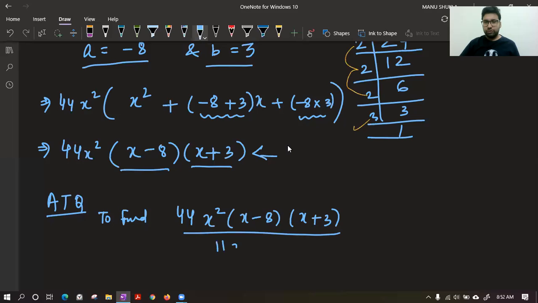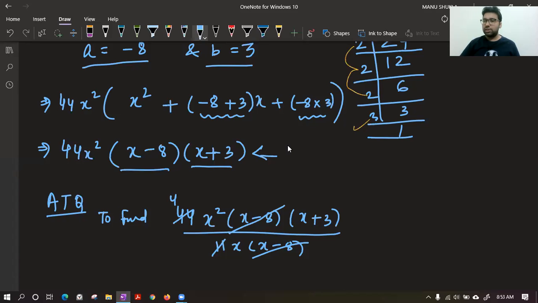And now you will observe how easy it is to solve this. You will see this x minus 8 and x minus 8 are exactly same, so we can cut them. I have told you you cannot cut if there is a plus or minus sign, but overall if they are same to same and getting multiplied to something, they can be cancelled. So this 11 will cut this 44, and we have x and x square.